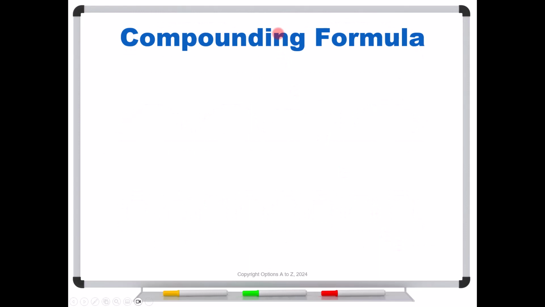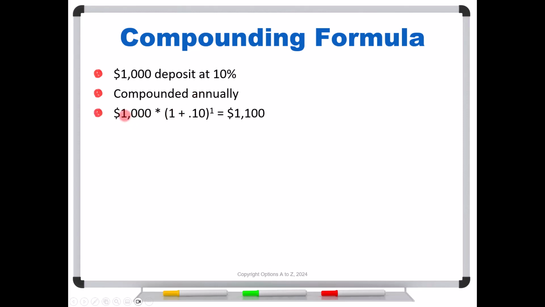So this is where we derive this compounding formula. Let's say the $1,000 deposit at 10% compounded annually. You're going to take the $1,000 times 1 plus the interest rate, and then we're going to raise it to the first power, and that comes up to $1,100.